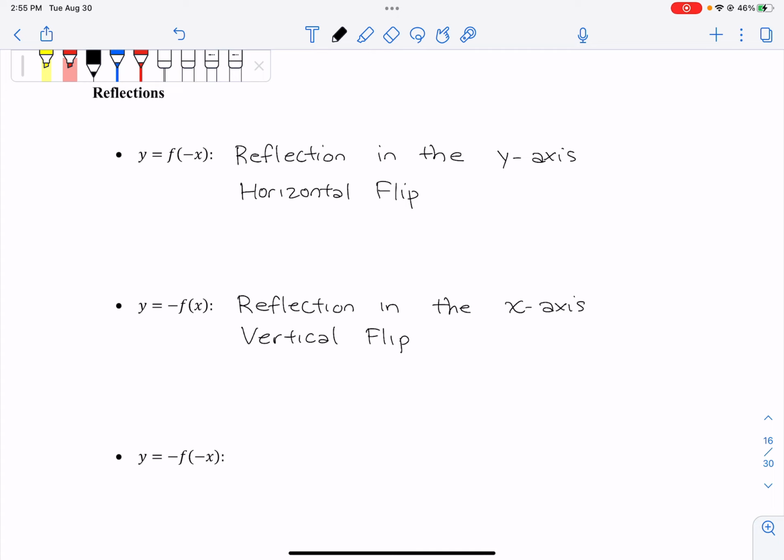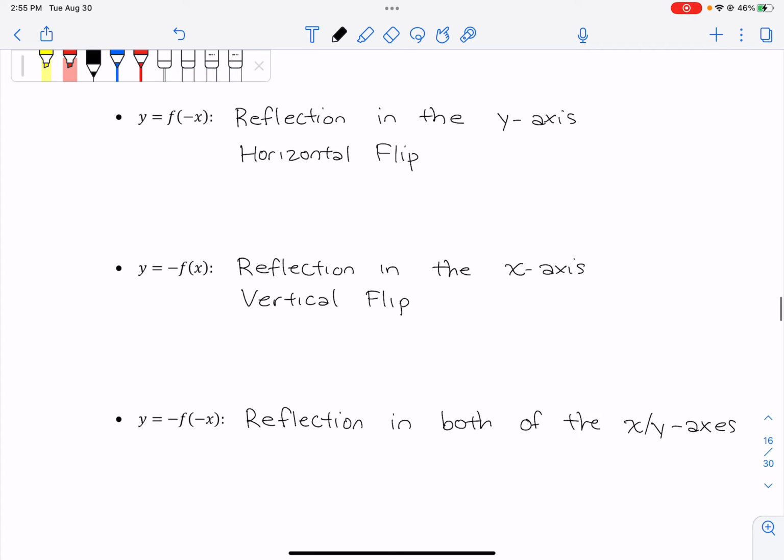If you have the negatives on both the inside and the outside, this is a reflection in both of the x and y axes. Is that how you say axes for plural? Okay, I'm not sure. And this is a horizontal plus vertical flip.